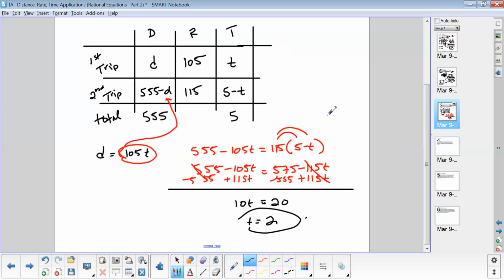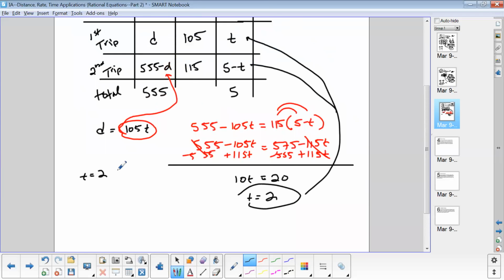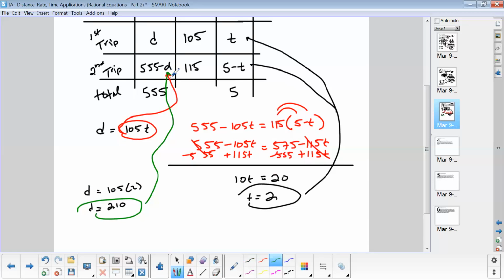So that's our time here. So if t is 2, let's look at the first part of the trip. That would be distance equals 105 times 2. So distance would be 210. So what we're going to look at is taking the 210 and substituting it right here.